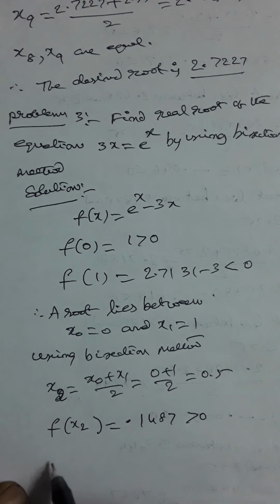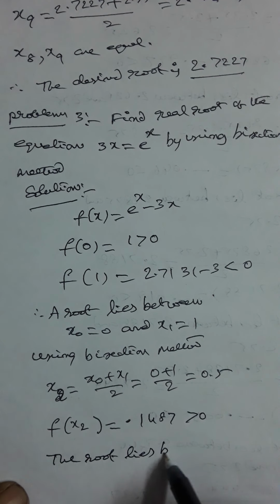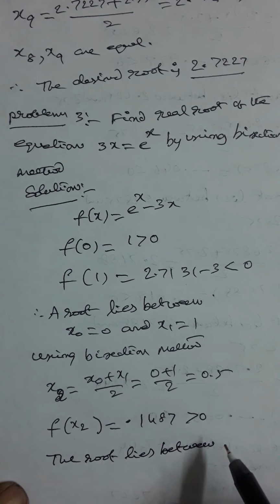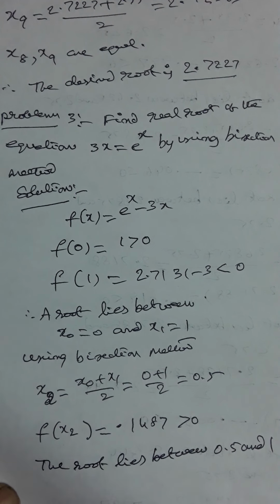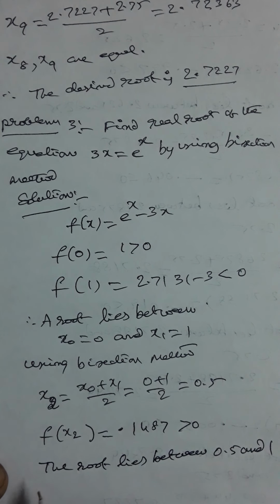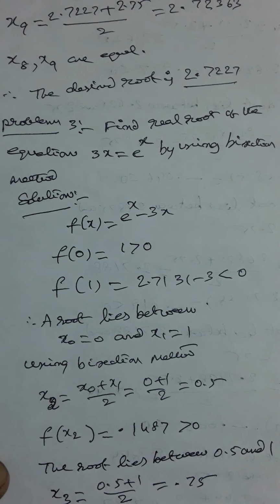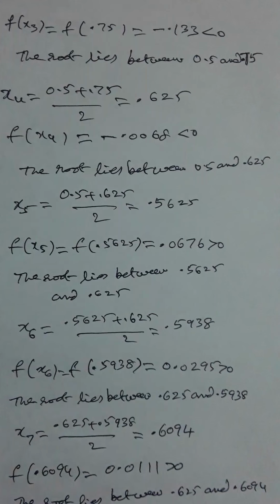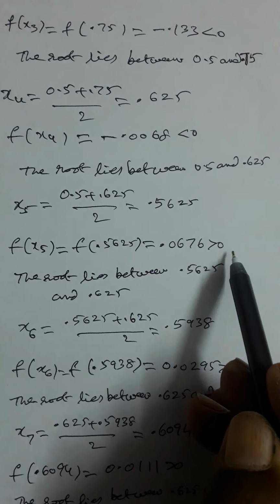The root lies between 0.5 and 1. x3 is equal to 0.5 plus 1 by 2, 0.75. f of x5 is equal to 0.0676, greater than 0.